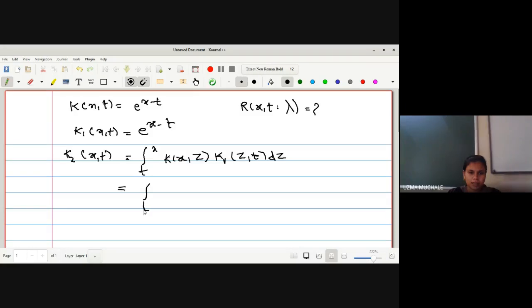Let us write down this integration from t to x as it is. What is K of x, z? Instead of t, you have to replace it with z. So what will be the formula? e raised to x minus z.